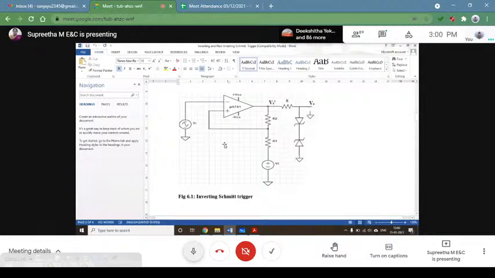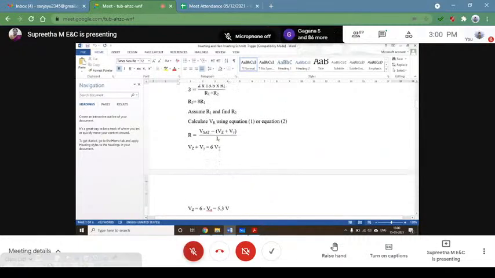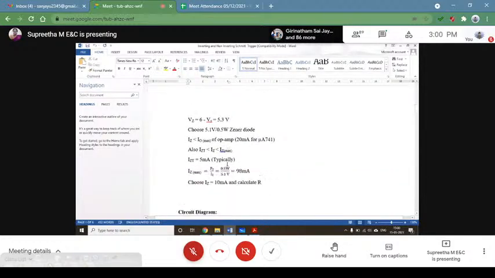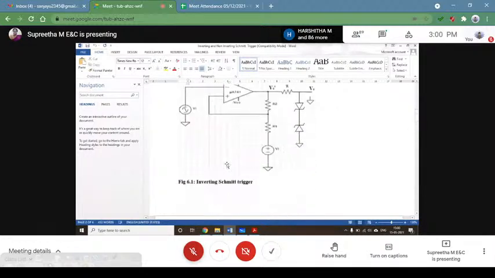I'll just give you a hint: this resistance depends on VSAT minus VZ plus V gamma, divided by IZ, where IZ is your current through the Zener diode. Okay? So I want you guys to go through the design of this and obtain the resistance value.